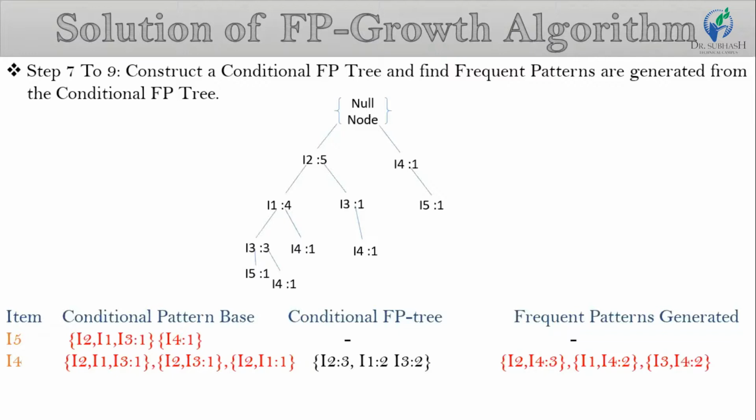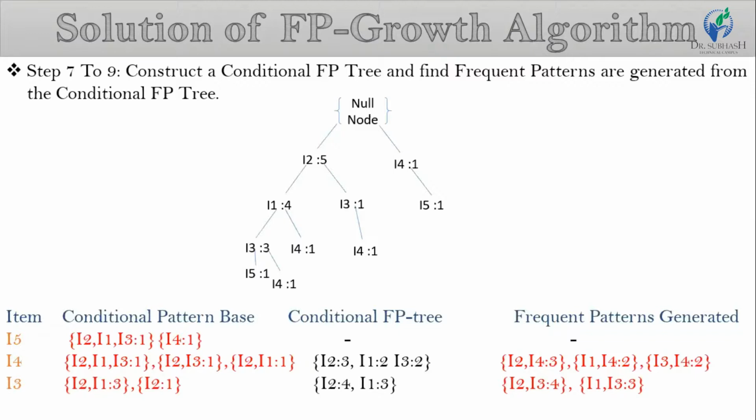Now for I3 transactions, I3 occurs in two branches: I2, I1, I3, and second is I2, I3.